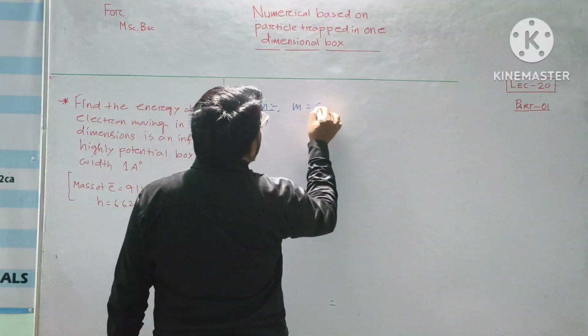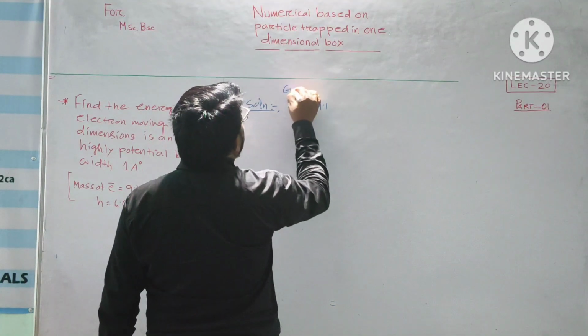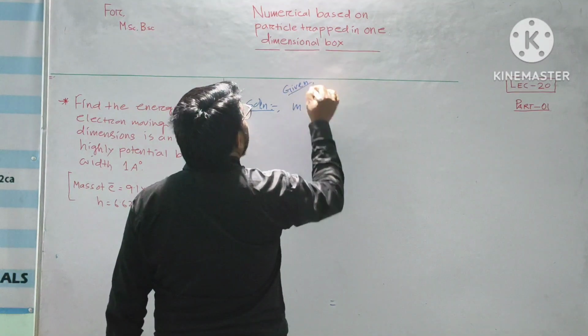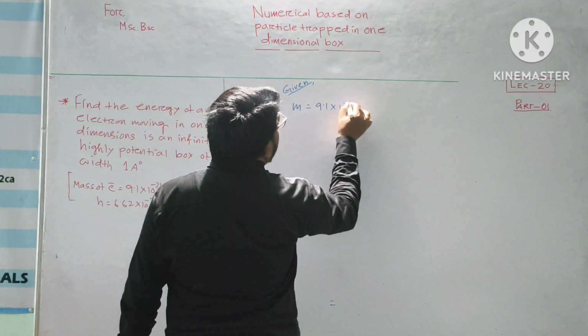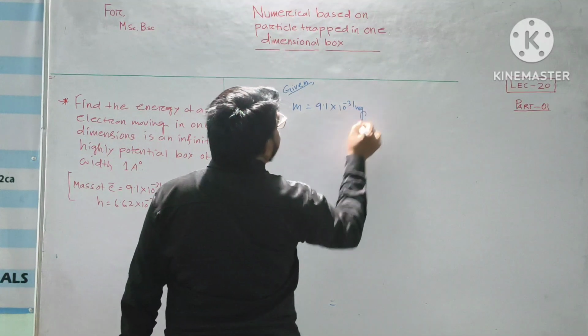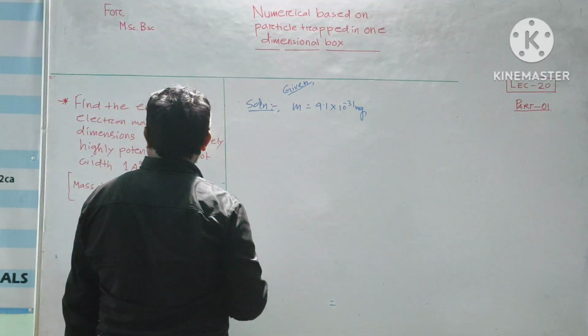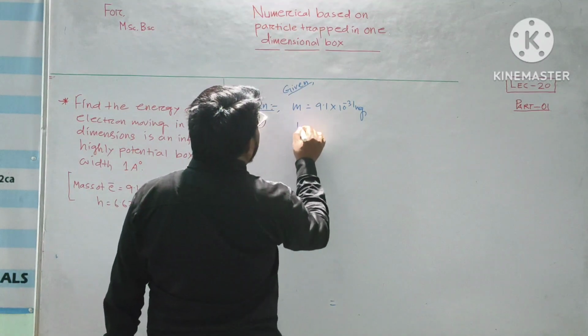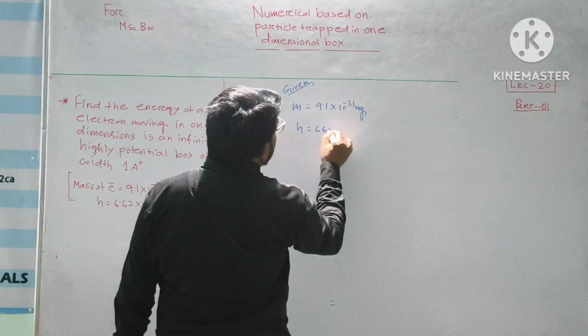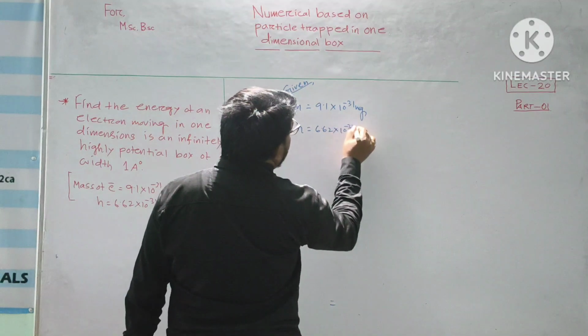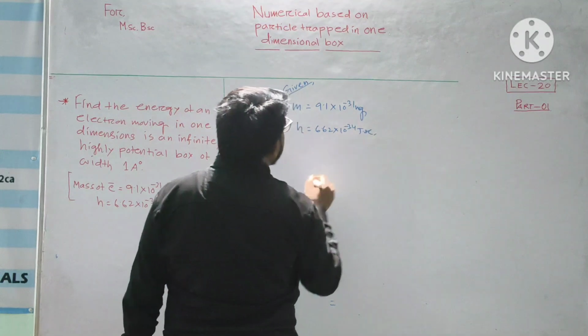Mass of electron is given, 9.1 into 10 to the power minus 31 kg. Planck constant h equals 6.62 into 10 to the power minus 34 joule second.